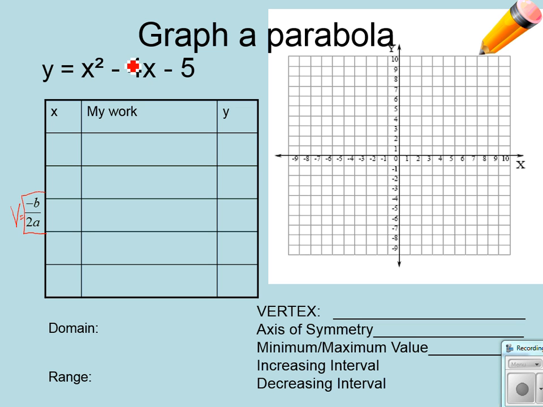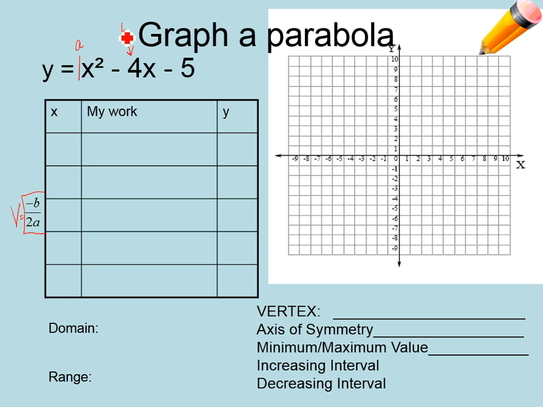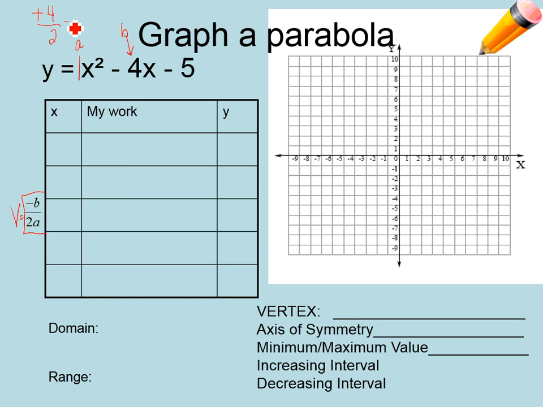Okay, so we have to figure out what a is, which is 1, and b, which is -4, and we have to plug it into this formula to find the vertex. So the opposite of -4 is +4, and 2 times 1 is 2, and 4 over 2 is 2. And so the x value of my vertex is 2.